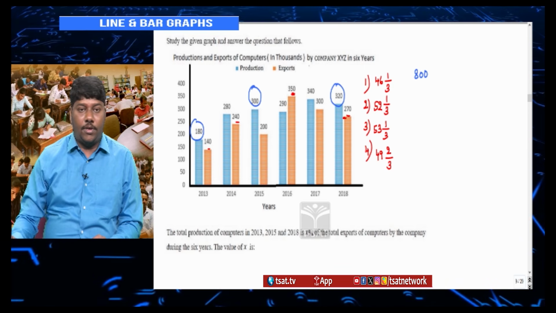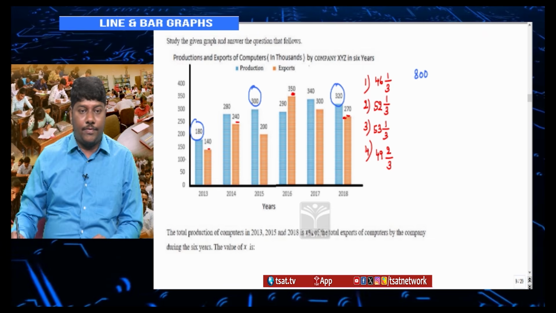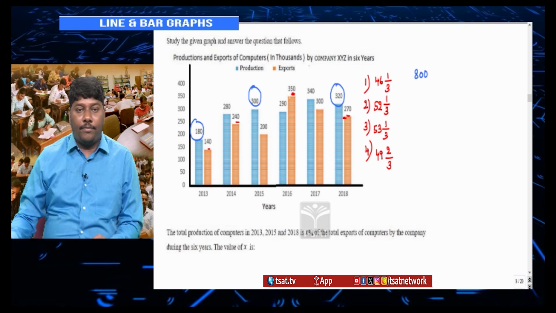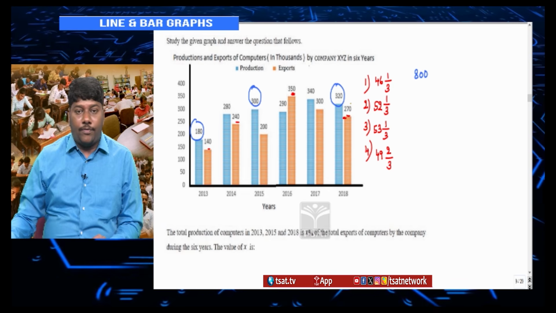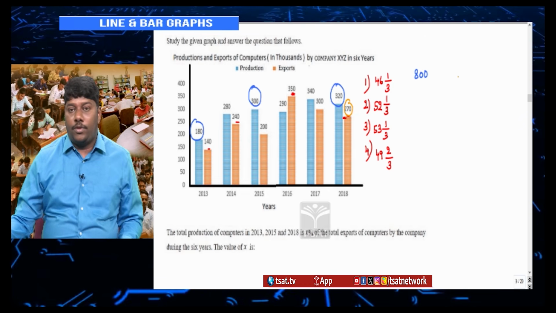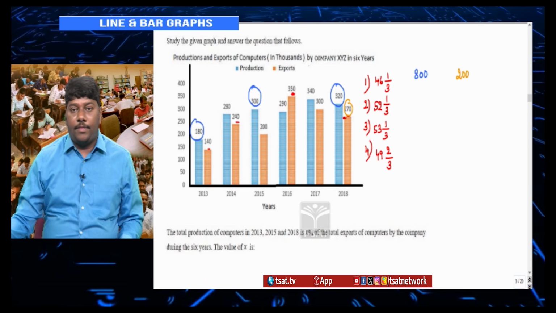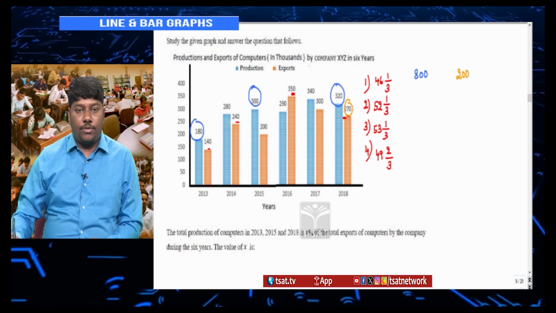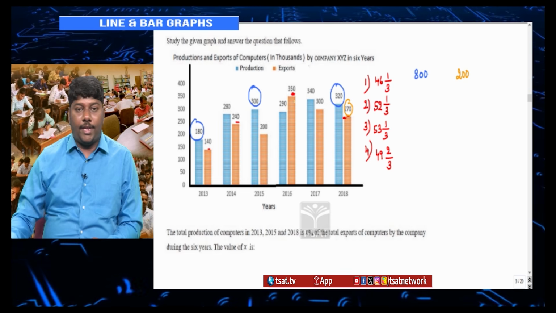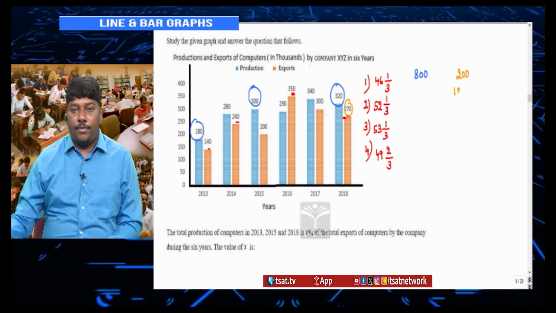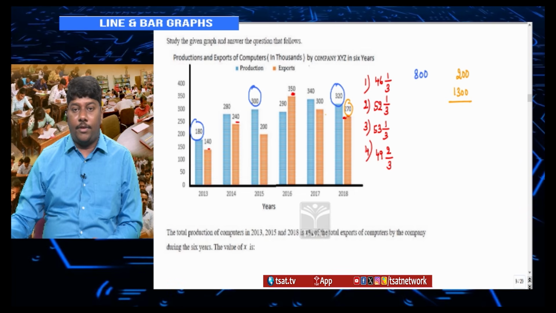Total exports, add all the orange colored, first add all the tens, 40 plus 40, then after you have 40 plus 40, 80, 80 plus 70, 150, 150 plus 50, 200, keep it aside. Then after add all the hundreds, 100 plus 200, 1 plus 2, 3, 3 plus 2, 5, 5 plus 3, 8, 8 plus 5, 1300. So 1300 plus 200 is 1500.